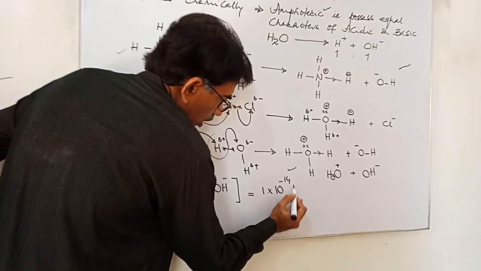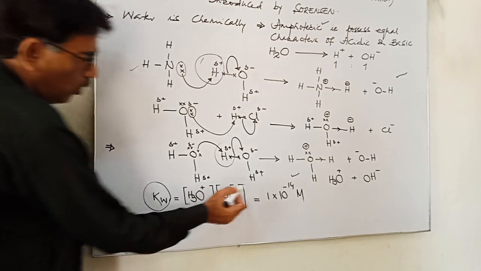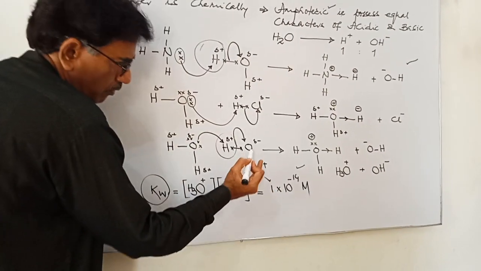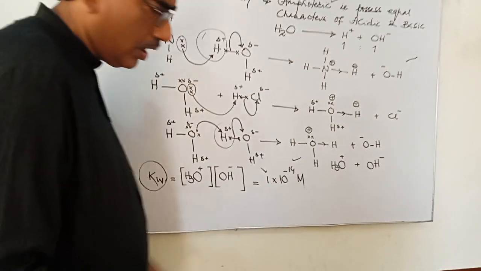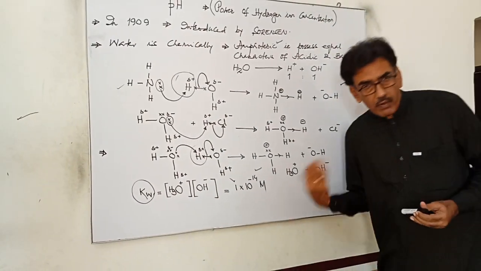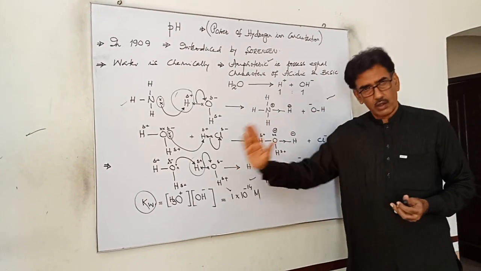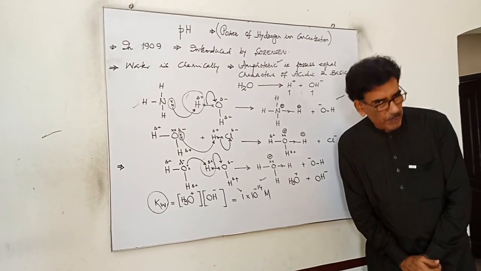So when we have this polarity, what do we mean by that? This concentration is very low, so that's why water is called a weak electrolyte. And moving on to the next part, it is called pH.